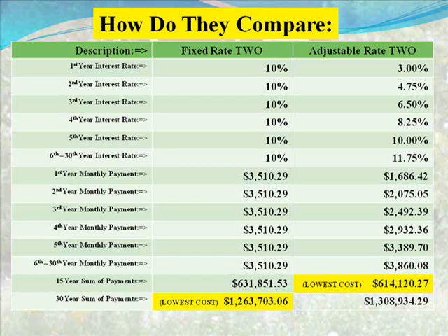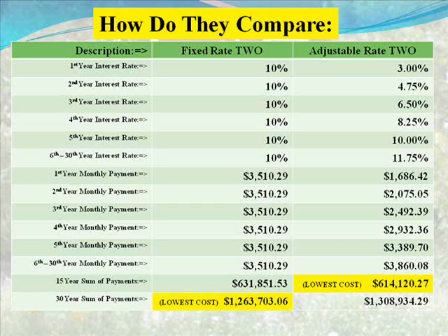And the 30-year sum of payments for the adjustable loan is $1,308,934.29. So to finish off, the lowest cost loan, if held for the entire 30 years, in terms of the total of all payments paid, is the fixed rate loan.